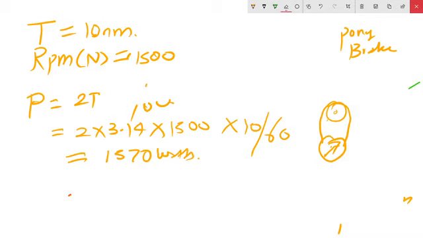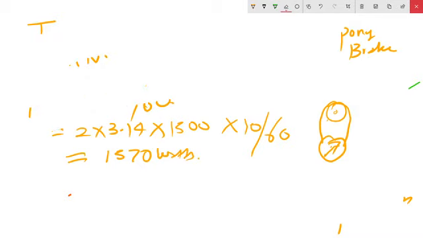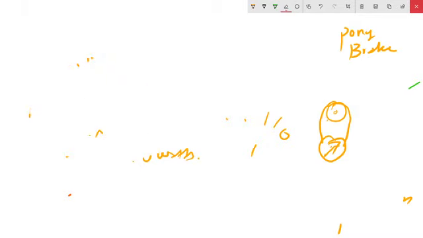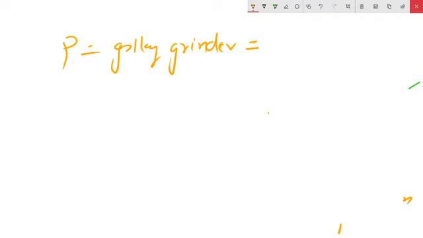Next question. They are saying the mechanical grinder in a galley on board ship consumes power of 1492 watts. So the power they have given: P of the galley grinder is equal to 1492 watts.